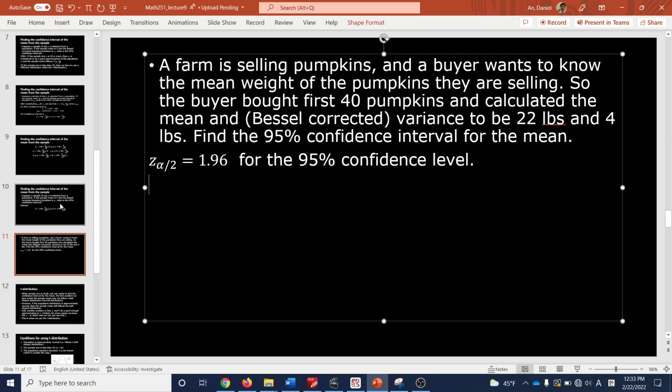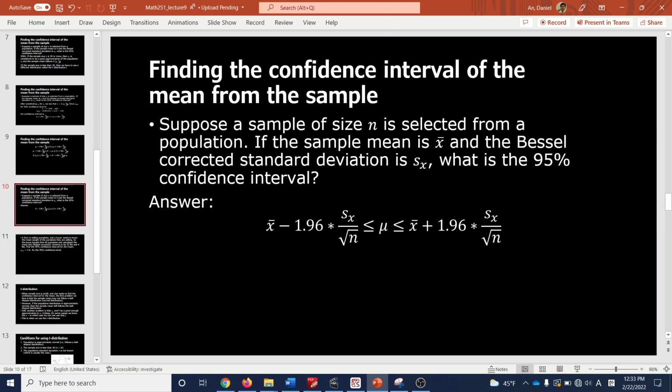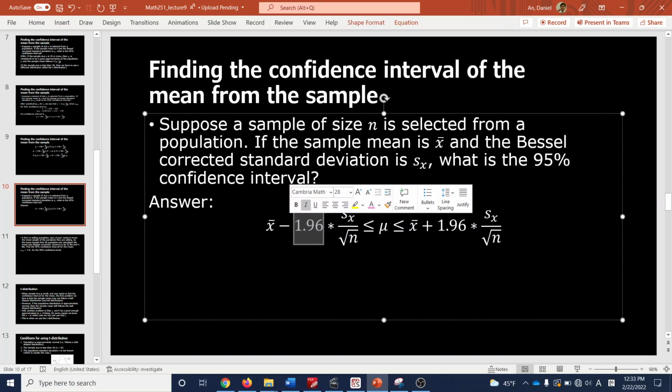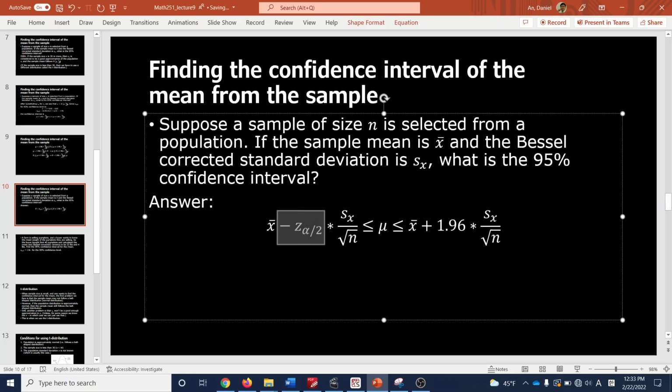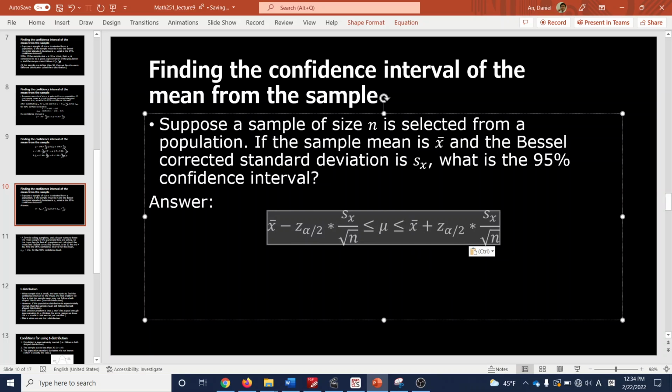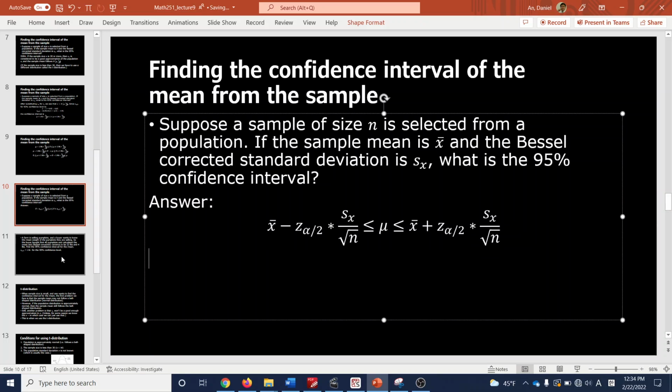Let's just copy and paste it. By the way, I should change this to z alpha over 2 for future reference. Sorry to change this in the middle of the lecture, but this is better. So this is the formula I want, and let's apply it here.